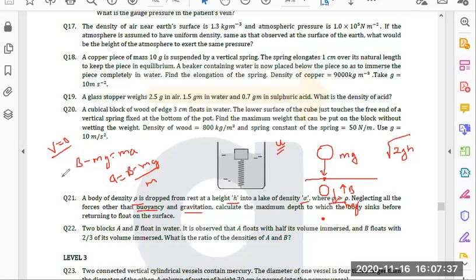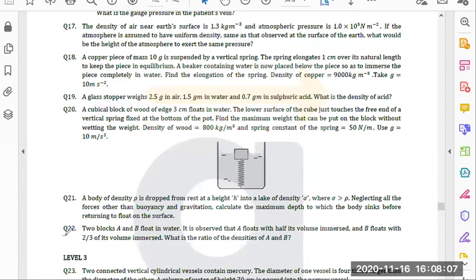Can't you find h? Can't you find how deep it will go before coming up? Yes? Very good. I hope all of you can solve it.